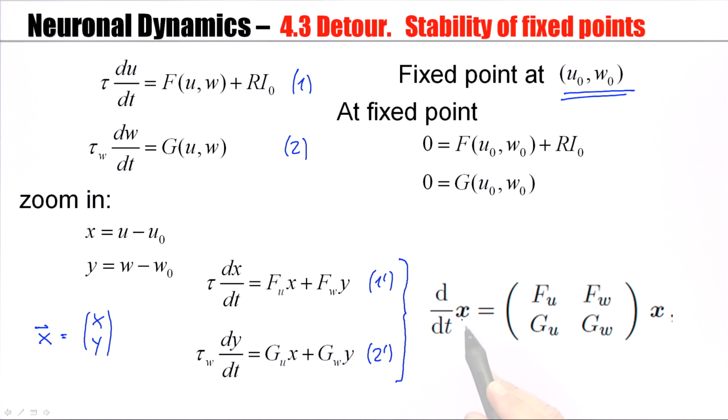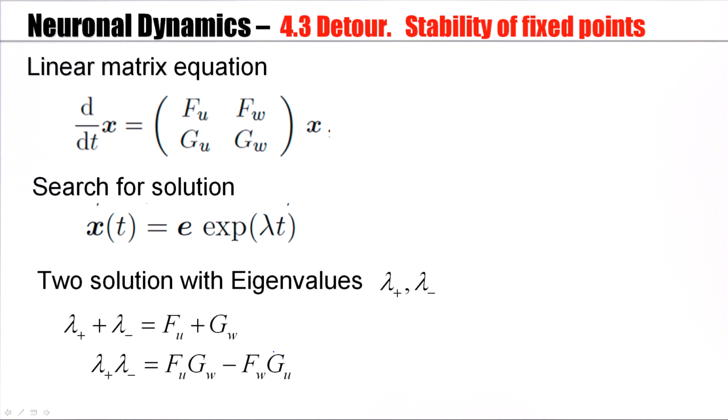This is the vector x, and this is a matrix of coefficients, and the coefficients arise from the Taylor expansion of the functions f and g. So we have now a linear matrix equation, and the question is whether x, that's the change, the small distance away from the fixed point, is going to increase.